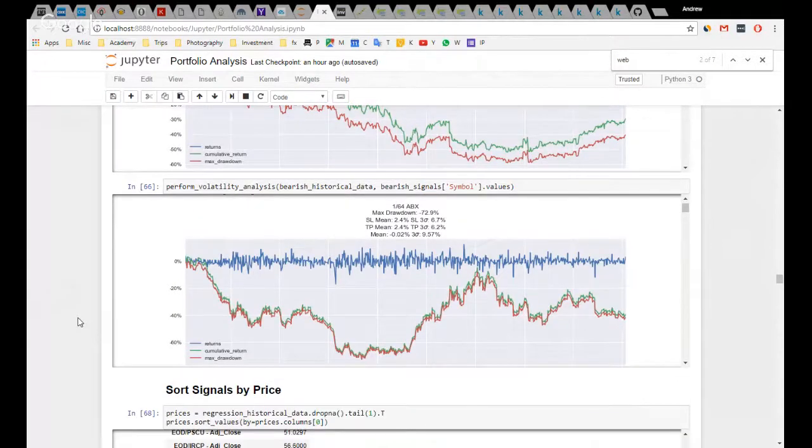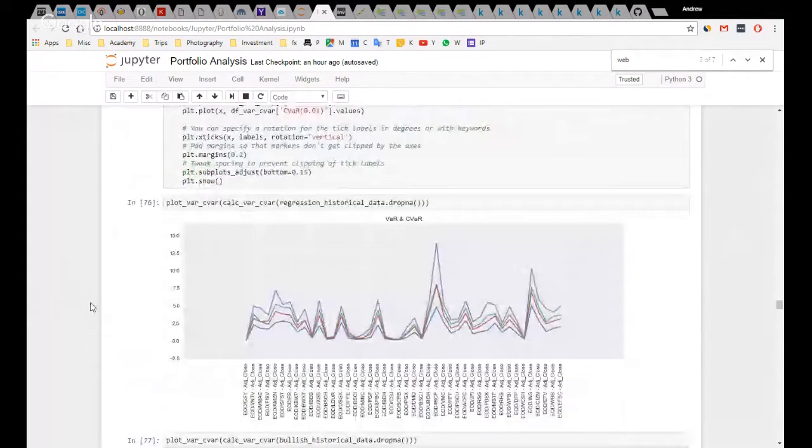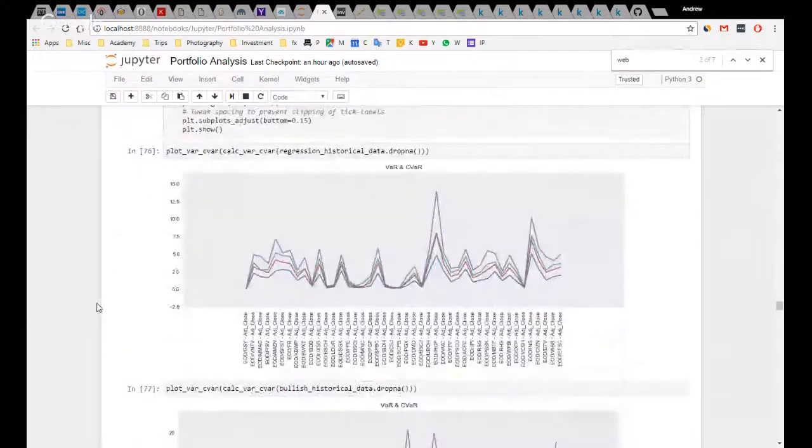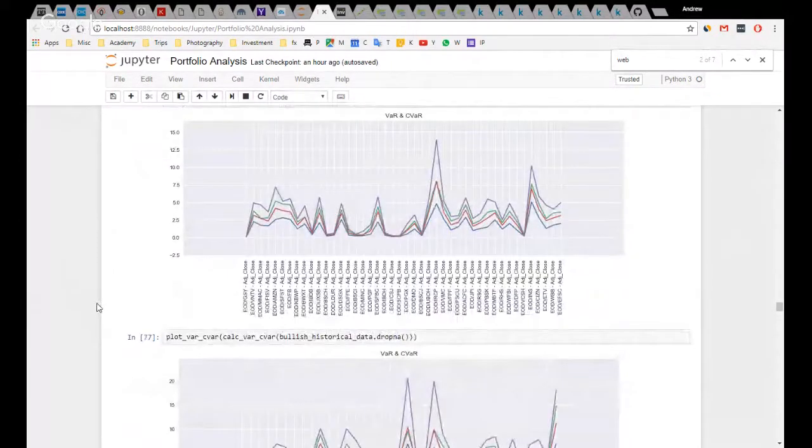Another aspect is the value at risk. Value at risk is basically trying to bound the maximal percentage of loss on your investment. So we are looking for assets that have less than the average, say 5% value at risk, and those assets that are actually higher than that, we think they are risky.